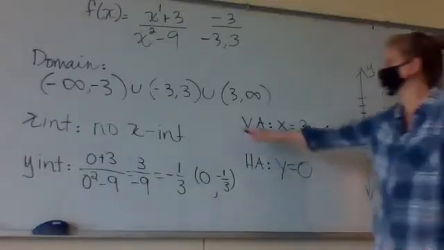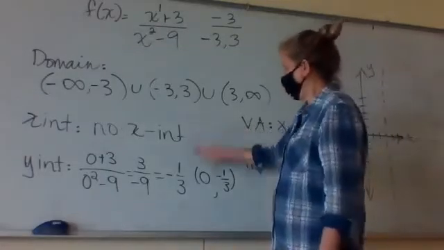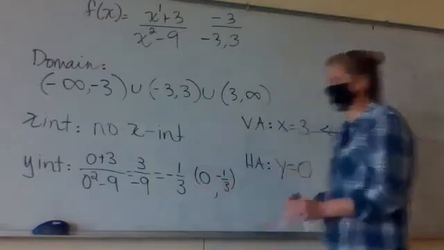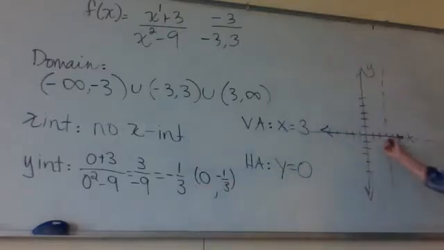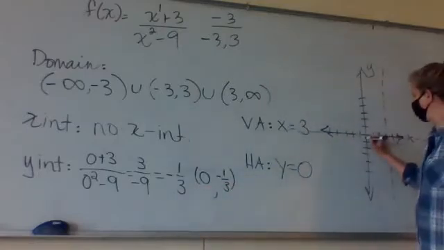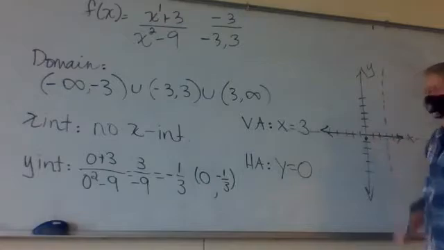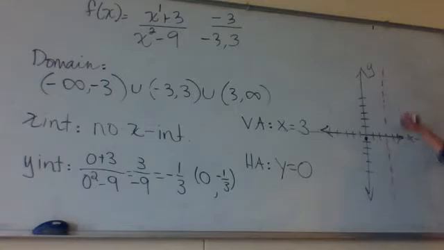It's not going to cross the x-axis, and it is going to cross the y-axis at negative 1/3, which will be just below the origin. So let's see how this helps me. What helps me, first of all, is looking at your vertical asymptotes.